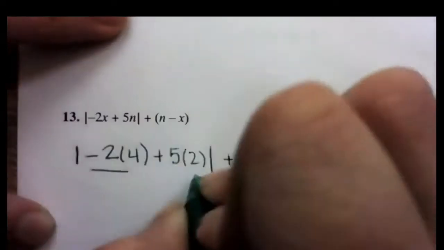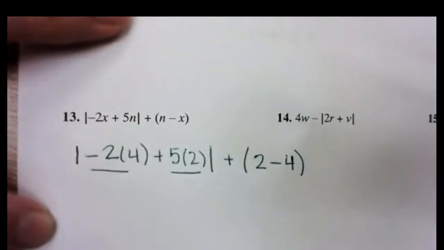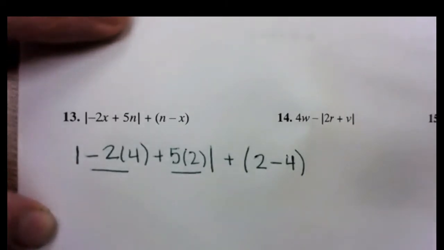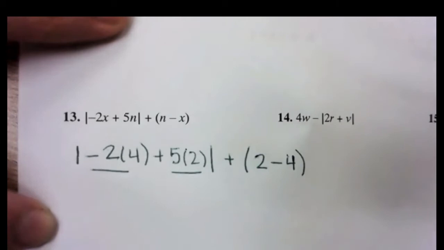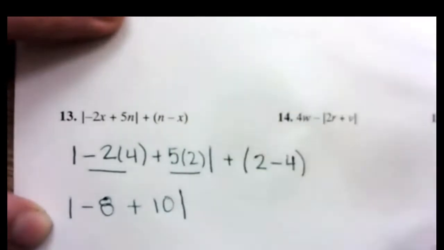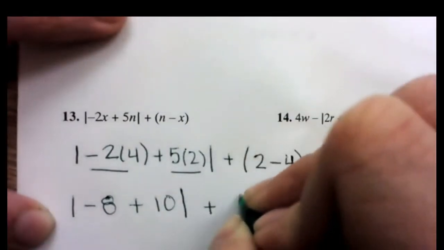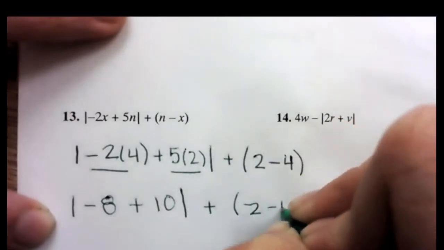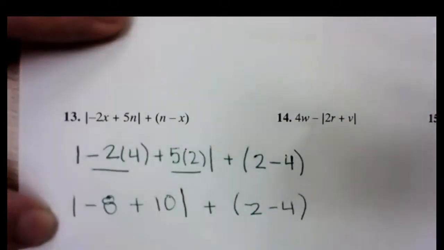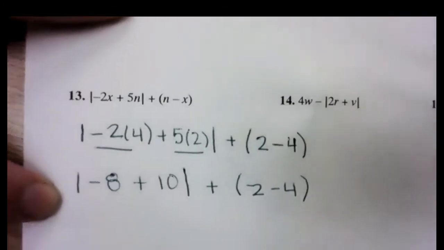So inside we need to multiply these two terms together first because order of operations says multiplication first. We are on the very, very back page of your packets, guys. So you have absolute value of negative 8 plus 10, still inside absolute value. Plus, and again, you could have combined like terms here, or waited till the next line.